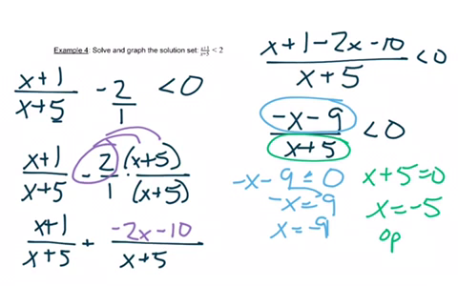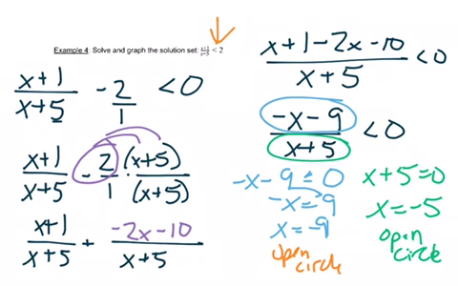Remember, the denominator always has an open circle. So on my number line, I'm going to have an open circle at negative 5 and an open circle also because of this sign at negative 9. So an open circle at negative 5, an open circle at negative 9.